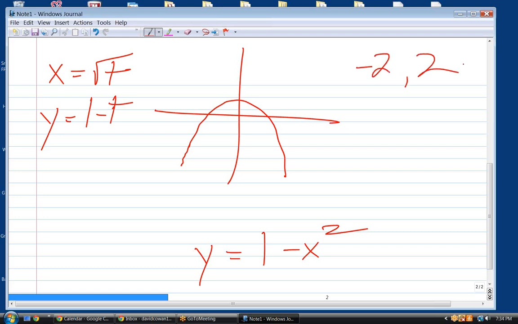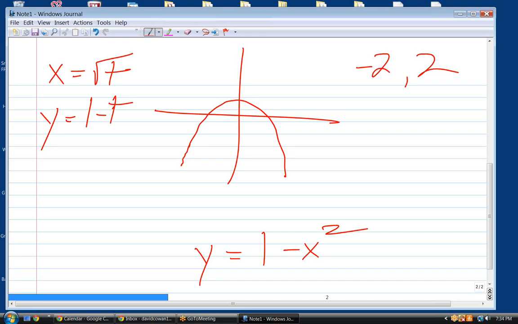That's important. Parametric equations actually have an additional restriction on them. It's not just two equations with a third parameter in there. That third parameter usually has a very specific domain. In other words, t only goes from -2 to 2.